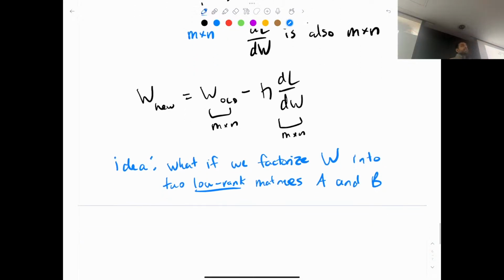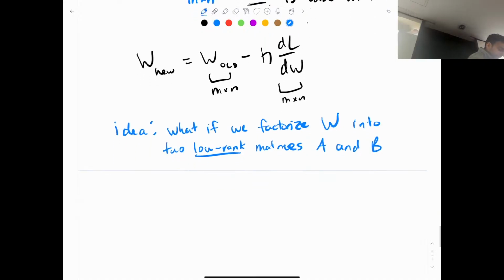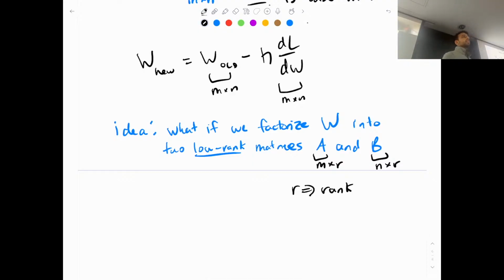So the general idea here is that the update that you get when doing fine tuning is low rank, or it can be approximated by some low rank matrix. So here, A is going to be M cross R, and B is going to be N cross R. And so R is the rank here. It's generally set to something like 4 or 8 or 12.